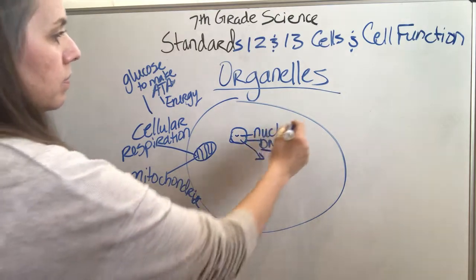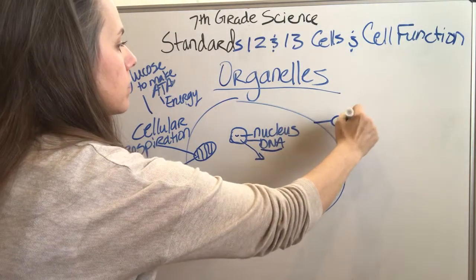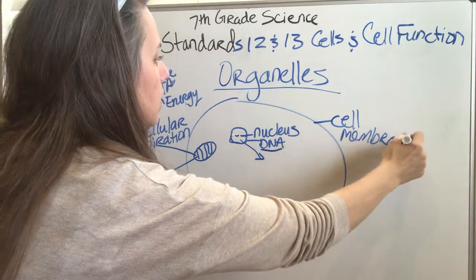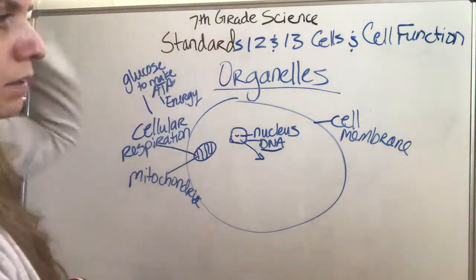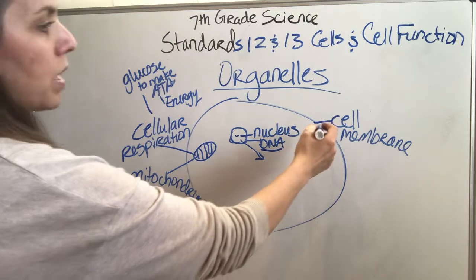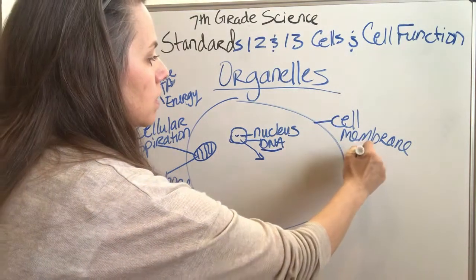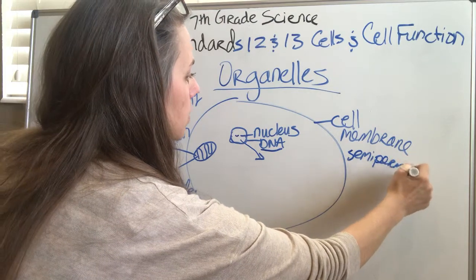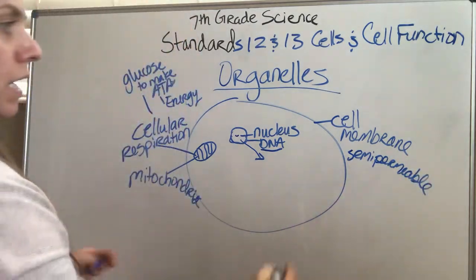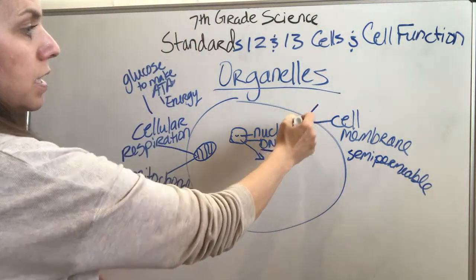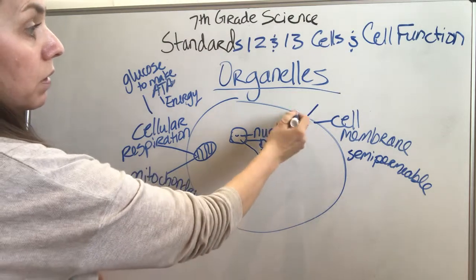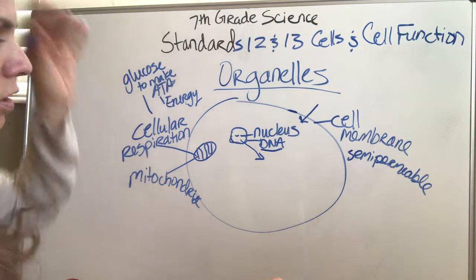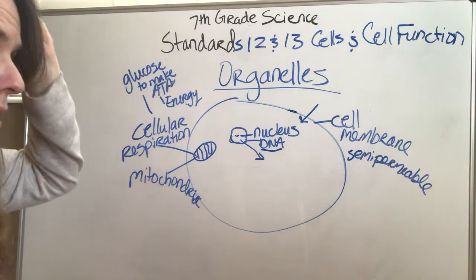Okay, the cell membrane. The main thing we need to remember about the cell membrane is that it is semi-permeable, meaning it will let some things in, and it'll block other things from coming in. So it's like the door monitor.